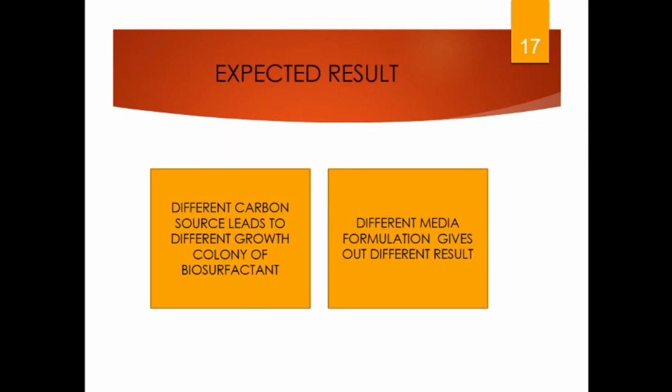The expected result at the end of my research project is that different carbon sources lead to different growth of colonies or biosurfactant. Different carbon sources will produce different growth of colonies because each carbon source gives different nutrients for the microbes to grow.